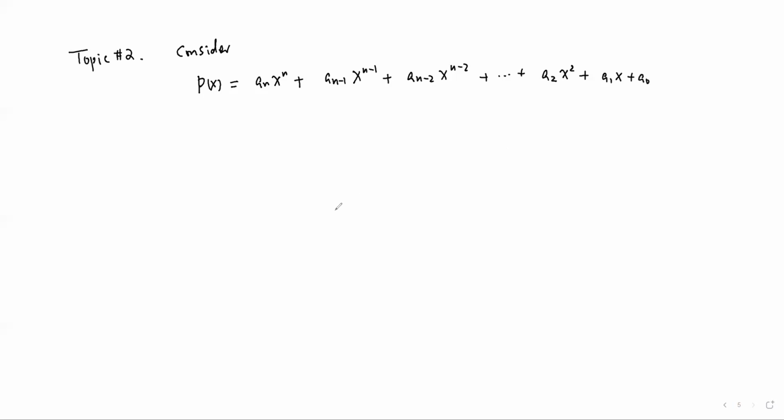Now the question is, here x is assumed to be some number. I evaluate the polynomial at that number. How do we efficiently compute the function value at some x? Efficiently means we want to minimize the number of floating point operations.